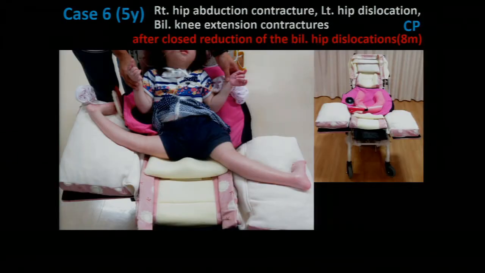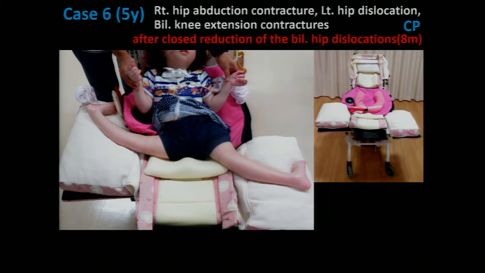The last patient is the most difficult condition, with extension contracture and abduction contractures. This patient has CP. Bilateral dislocation was treated by cross adduction at another hospital, but it failed.